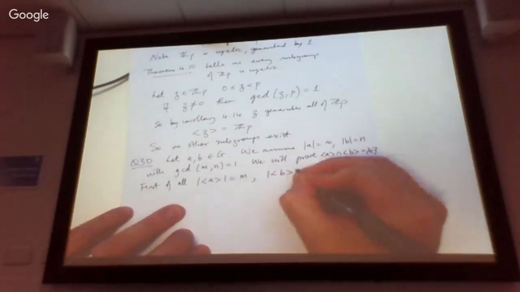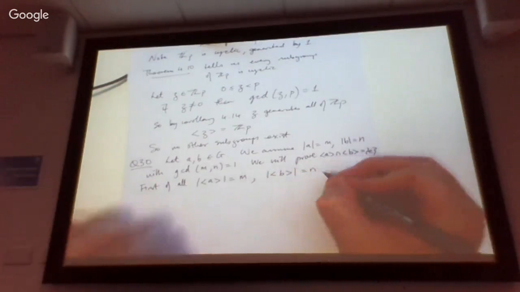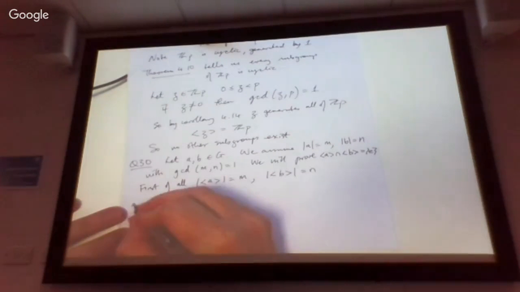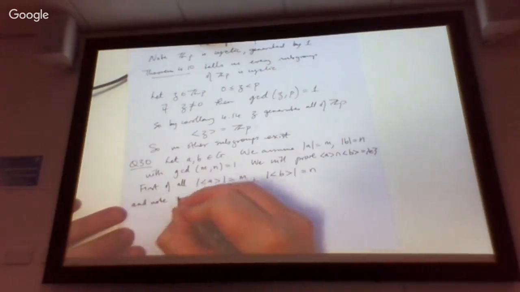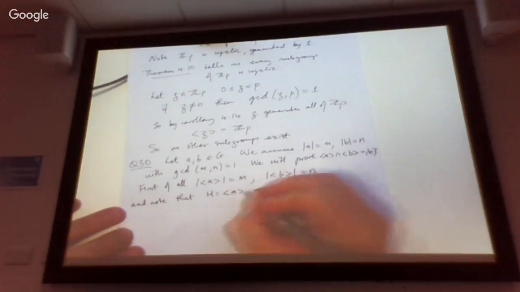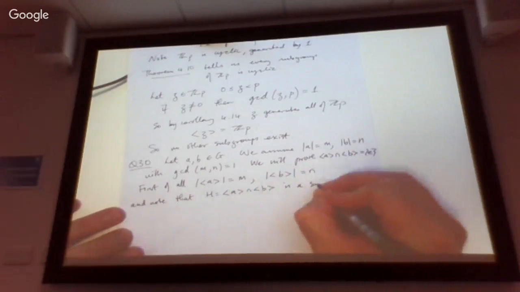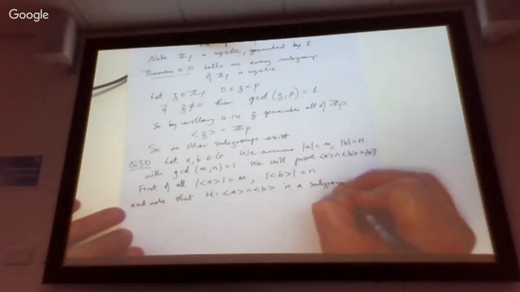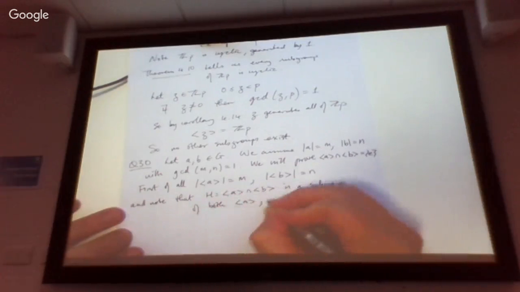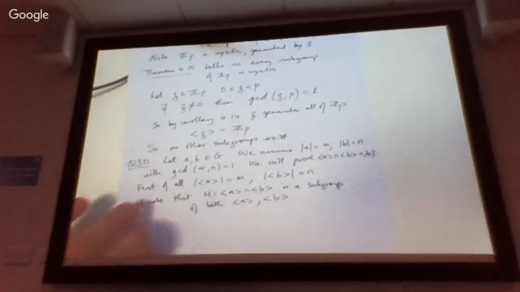Okay, but if we let little z be an element of Z_P, we can assume that 0 is less than or equal to z and it's less than p. So little z is one of 0 up to p minus 1.